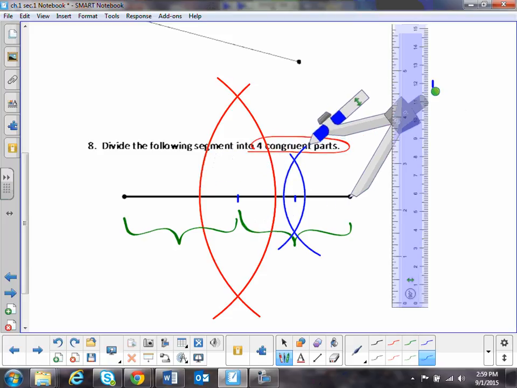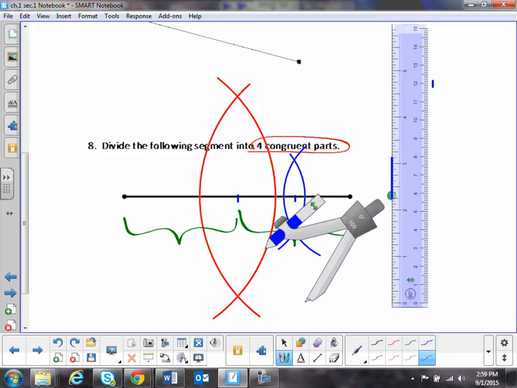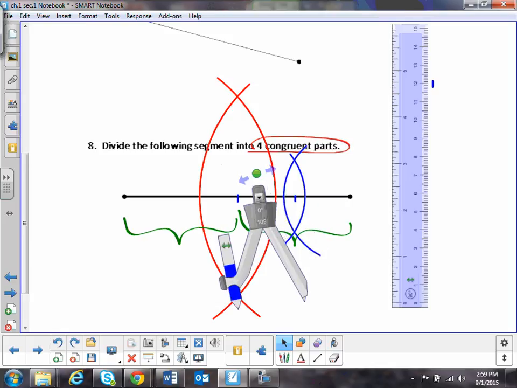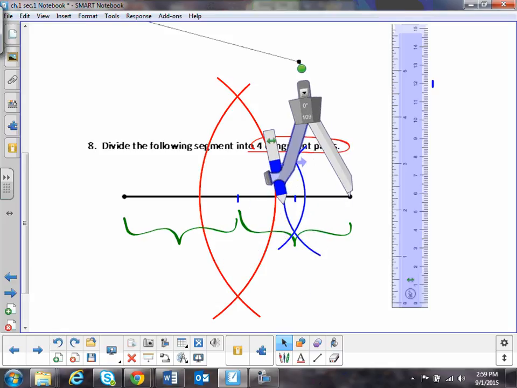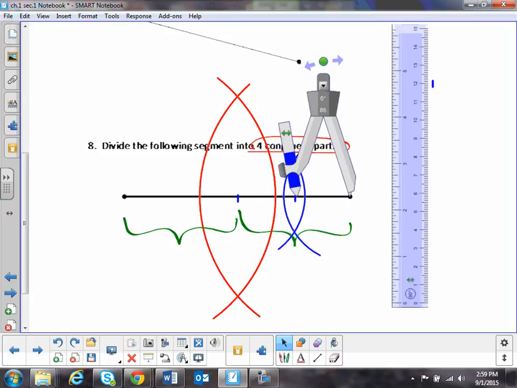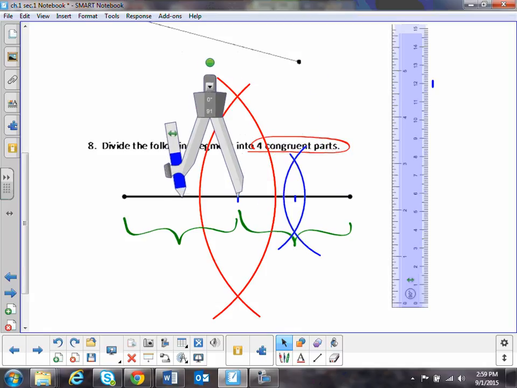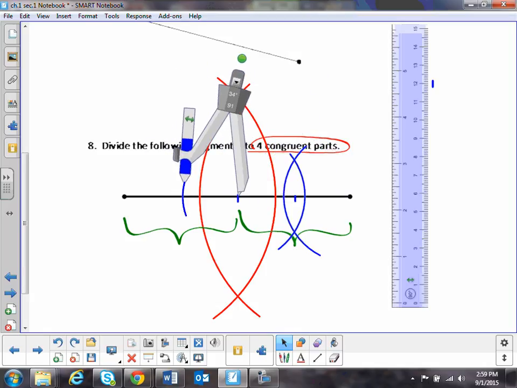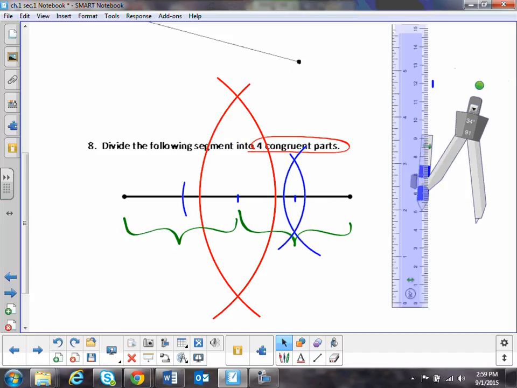So you can just copy this segment here. So if you get the width of that, over here, and there we go. So we have 4 congruent parts.